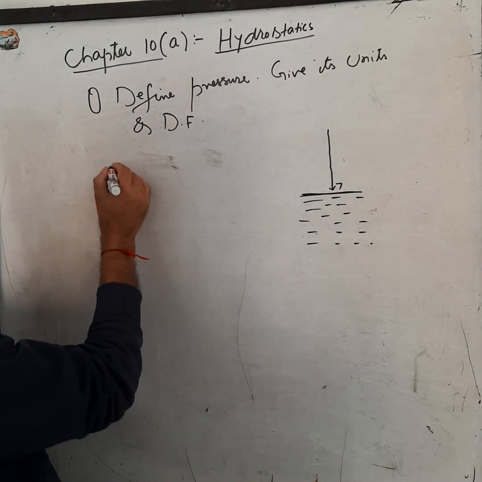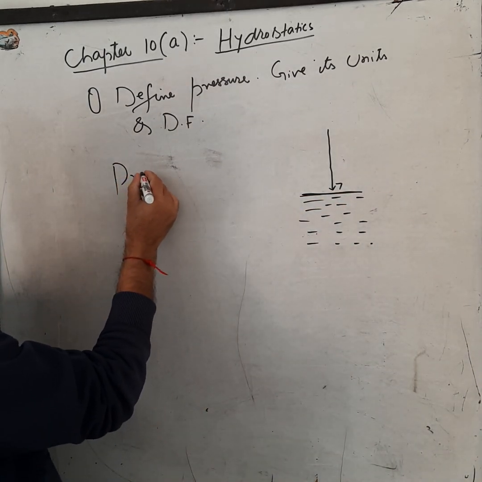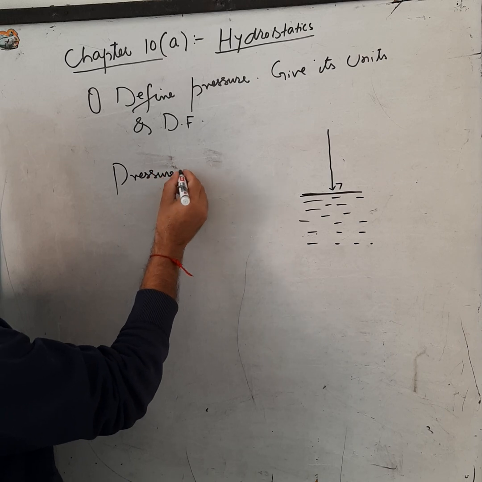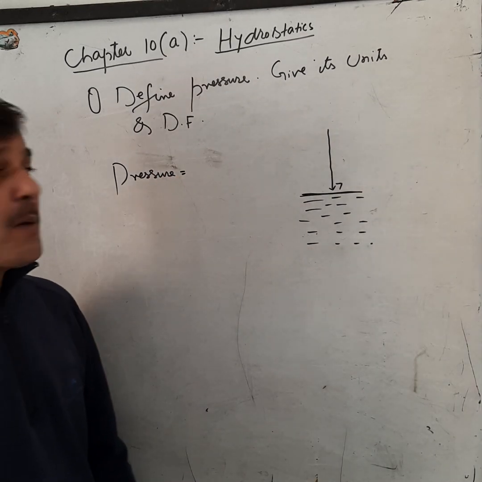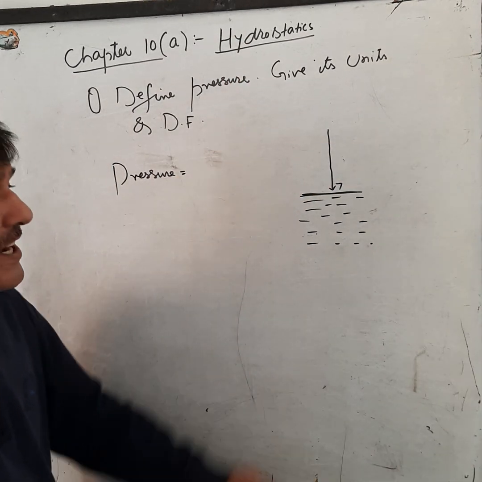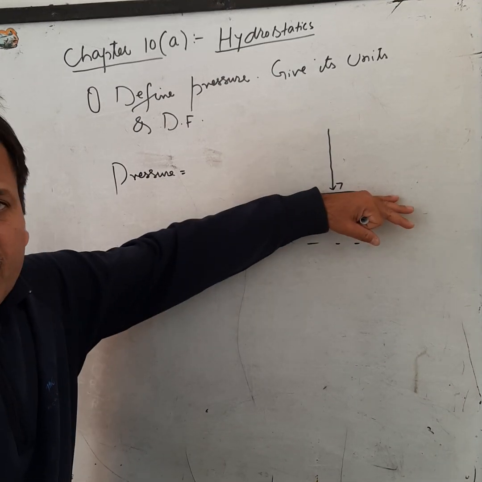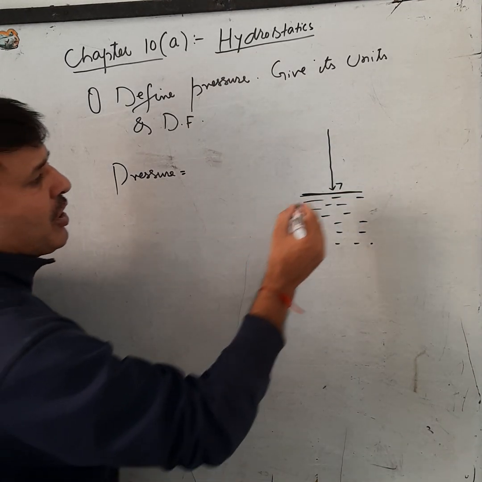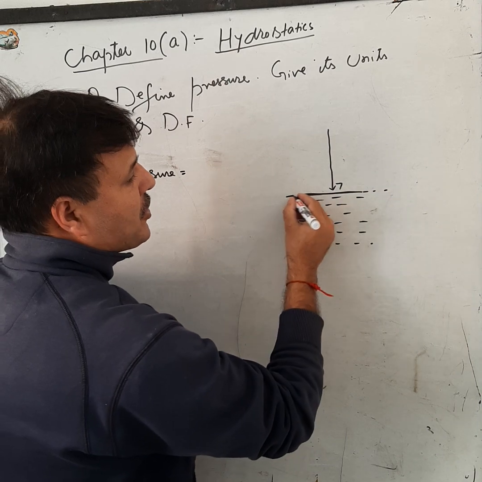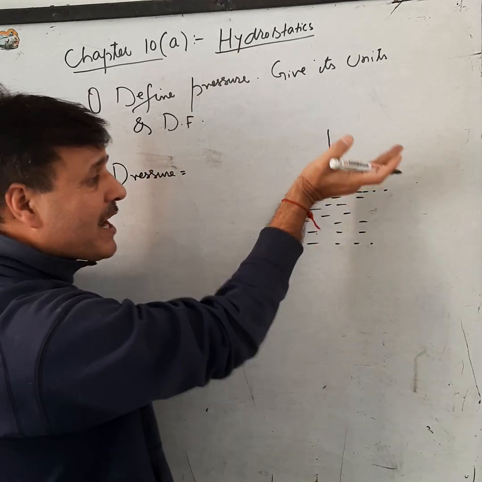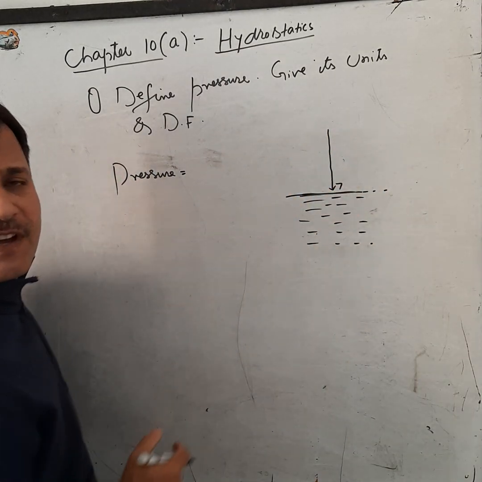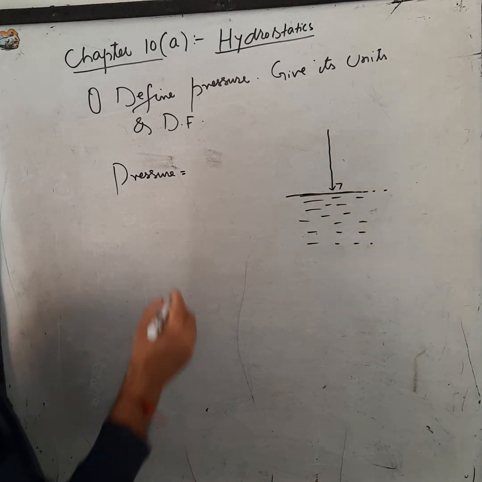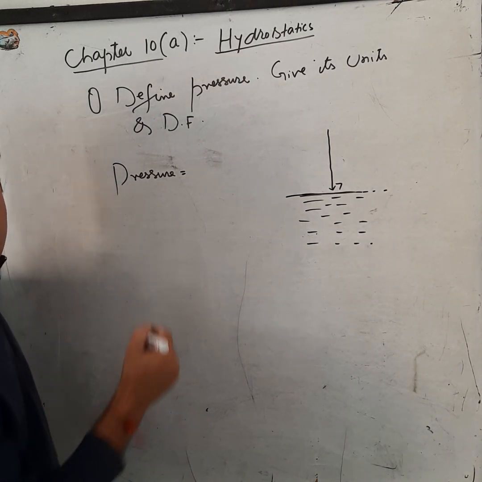Therefore, whenever we define pressure: pressure is defined as the perpendicular force acting per unit area of the surface of the body. Look here: the perpendicular force acting per unit area of the surface of the liquid is called pressure. What is pressure?